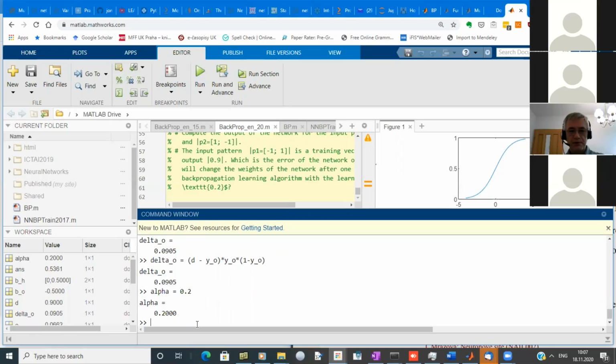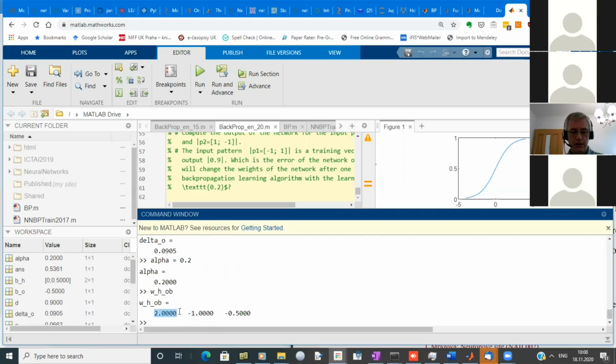Only two colleagues know the answer, how to compute the new weights. So maybe let us compute just the new weight between the first hidden neuron and the first output neuron. The value for the weight between the first hidden neuron and output neuron is 2.